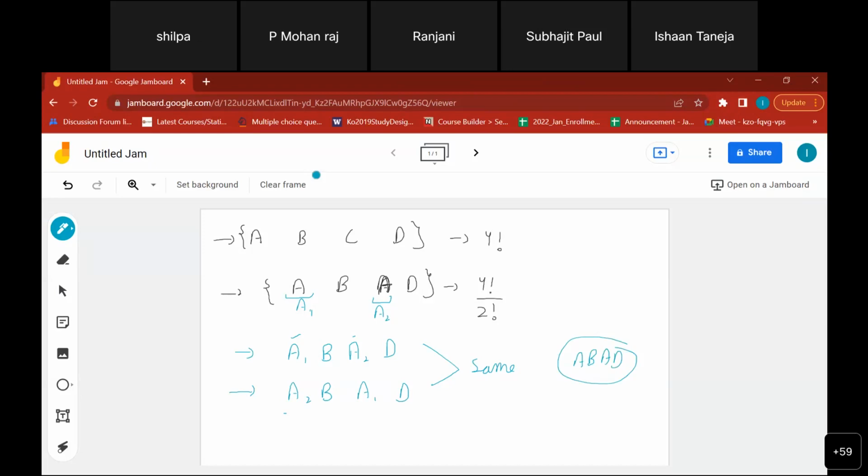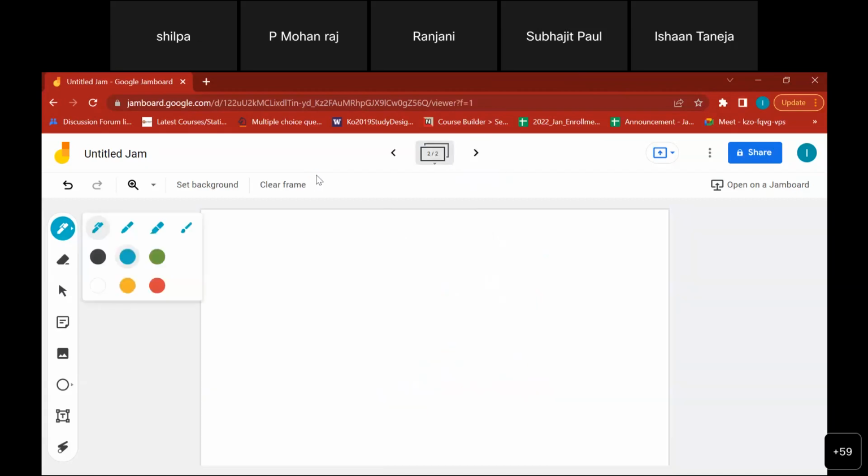You can make 24 possible words from these 4 alphabets, but when 2 letters repeat, 12 of them would be the same and 12 would be unique, because every 2 words make only 1 word here. Is it clear? Any doubt? I got it, sir.